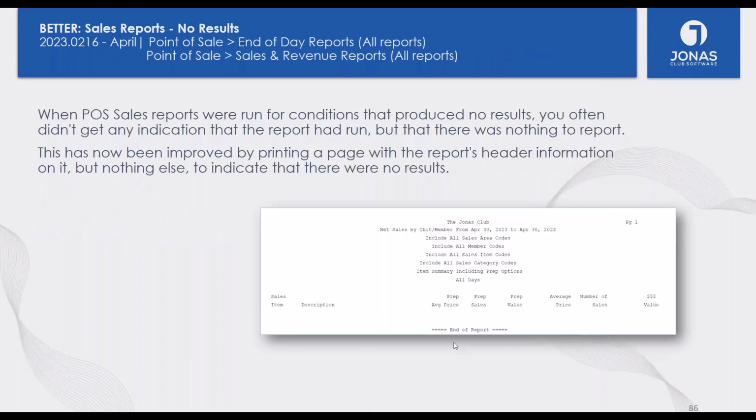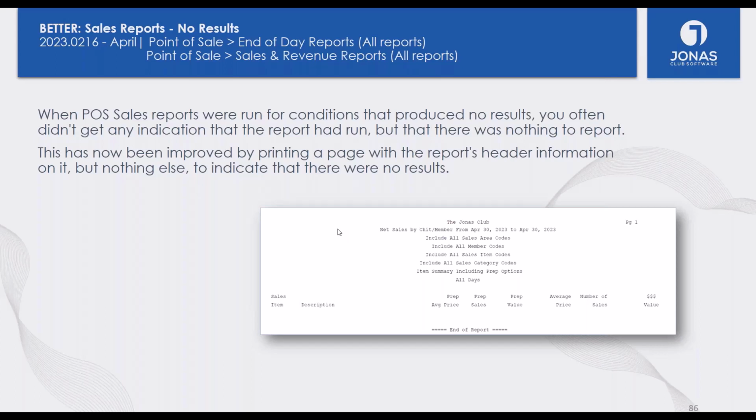Another update to one of our sales reports. This one is going to be a really handy feature. Anytime that you run a point of sale sales report in the system and maybe you've placed conditions on it, and with those conditions it did not generate any information, or you had no results, now when you run that report, it will actually provide you with a report that shows you that there was no detail.